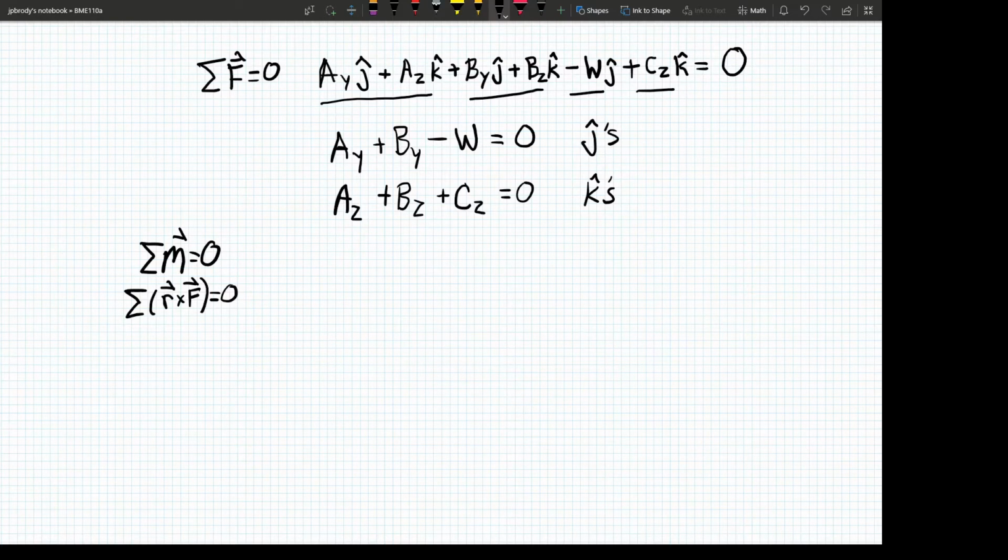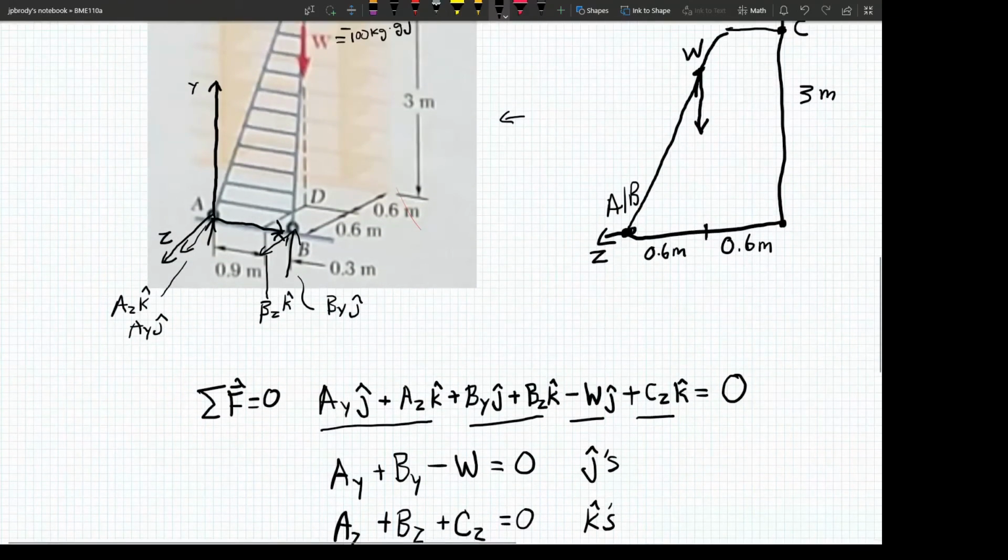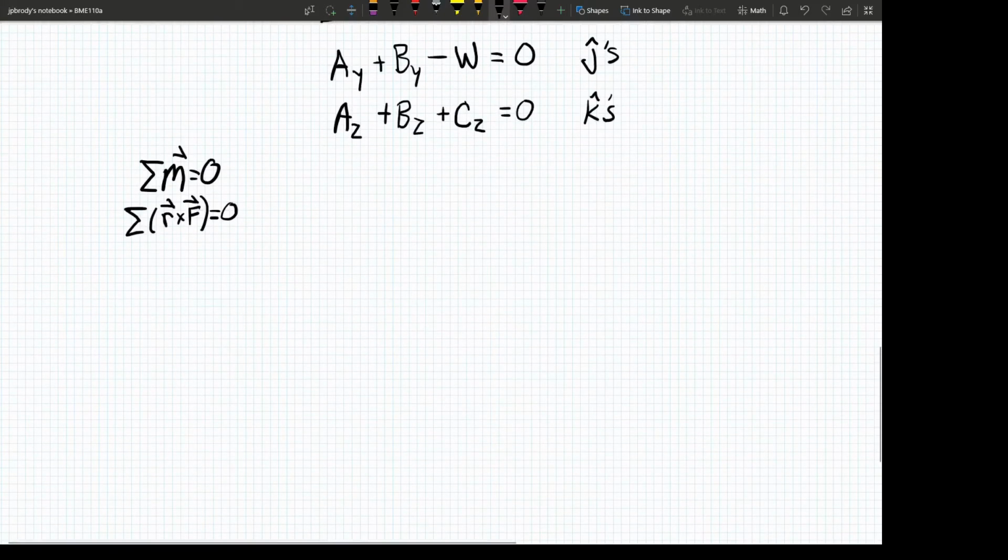Okay, the R vector from here, from our origin where I'm going to compute my moments, to B is, if we look at this, 0.9 plus another 0.3, so it's 1.2 meters along the x-axis there. So, well, let me write this down.